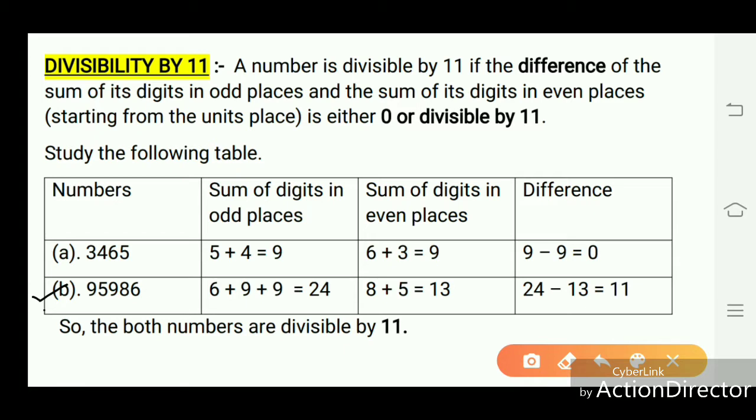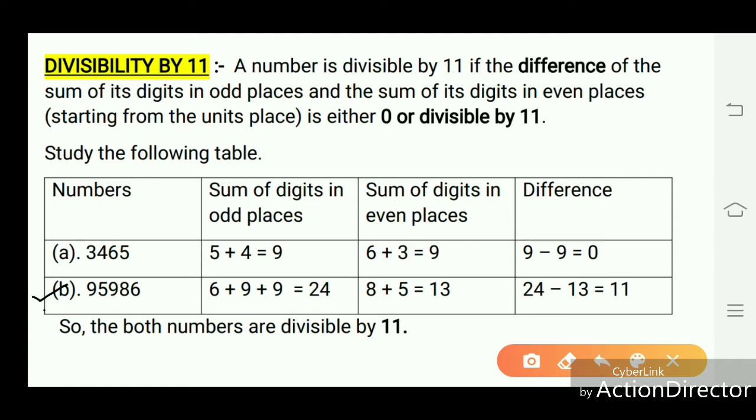First we find the sum of digits in odd places. The digits in odd places are 6, 9 and 9. We add all three numbers: 6 plus 9 is 15, and 15 plus 9 is 24.